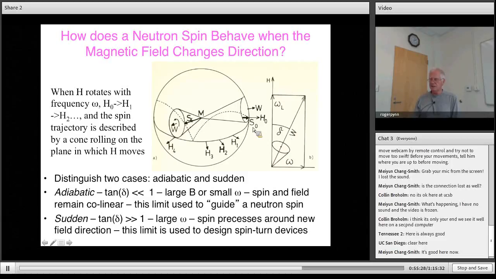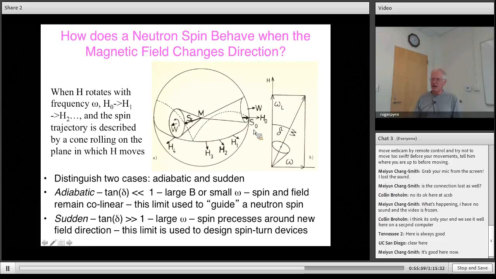This delta here is the opening angle of this ice cream cone. So here's the ice cream cone, and the delta is actually the half opening angle of this ice cream cone. So when the rotation rate is very small compared to the Larmor precession rate, this ice cream cone has a very small piece of ice cream in it, and has a very small opening angle.